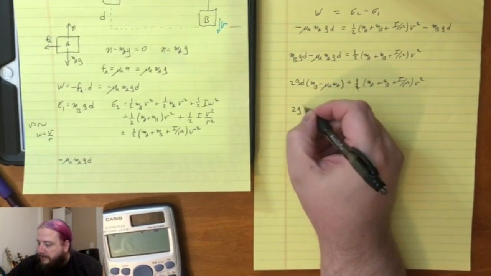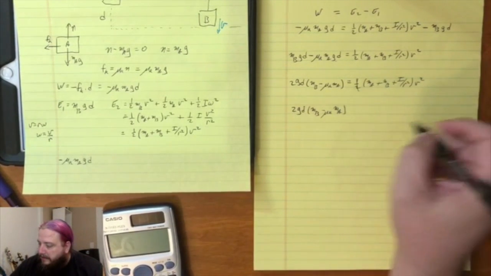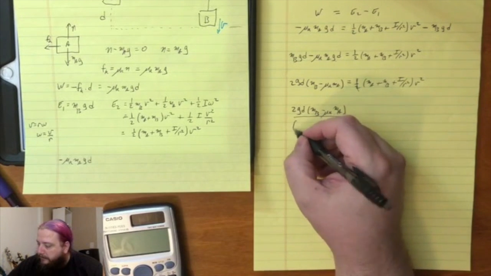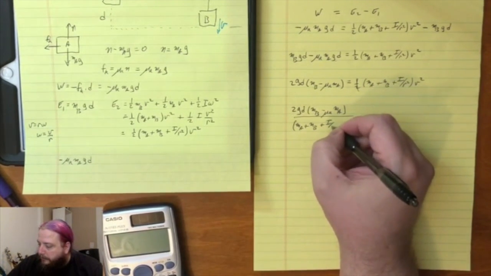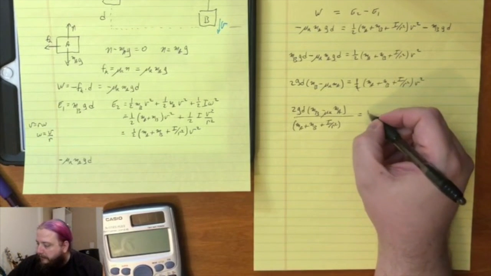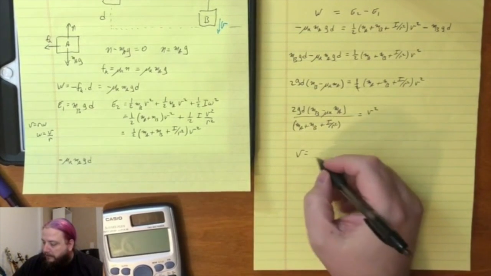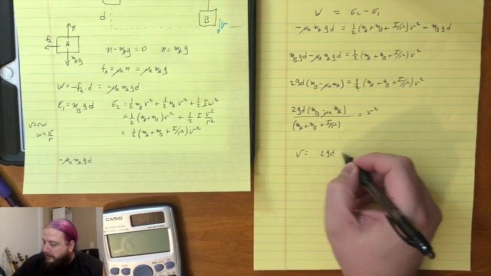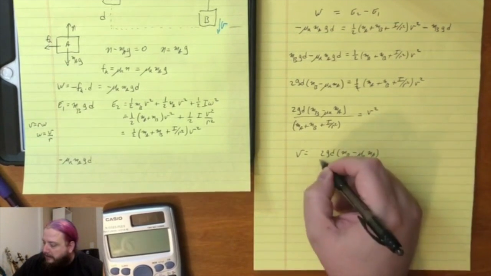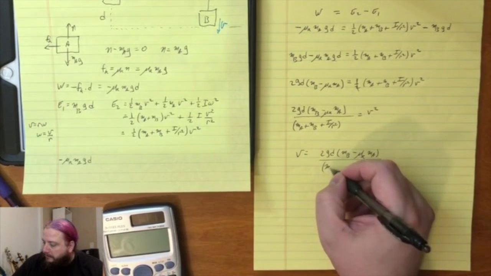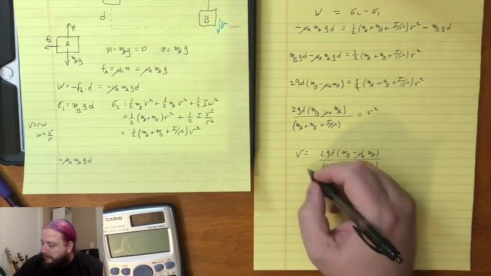So 2GD times MB minus mu K MA divided by this big old inertia term MA plus MB plus I over R squared is our V squared, and thus our velocity is the square root of that great big thing: 2GD times M sub B minus mu sub K M sub A over M sub A plus M sub B plus I over R squared.